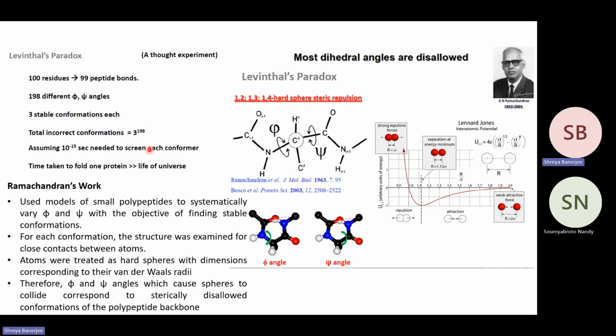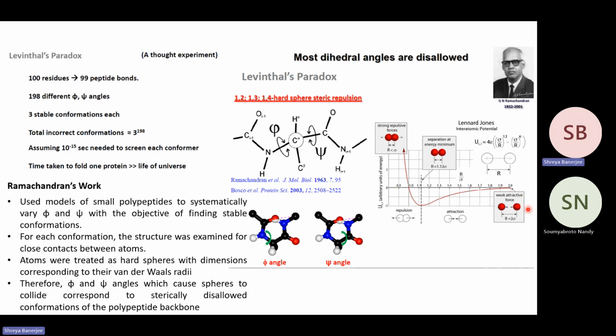Now, if the polypeptide has to go through all these conformations before it can fold into the final native protein, then the time taken to fold one protein will be much greater than the life of the universe, which is not possible. So that means that not all phi and psi angles can be adopted. There are certain phi and psi angles which are allowed in peptides. You can also understand this by this steric van der Waals graph.